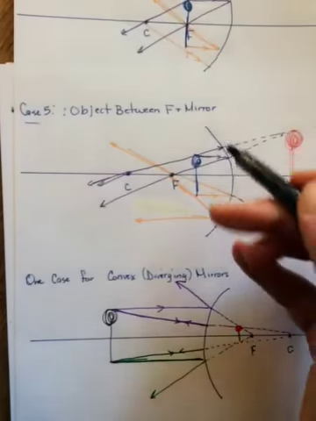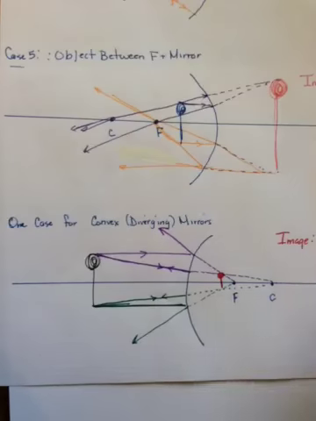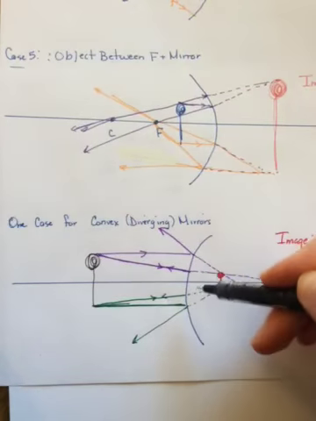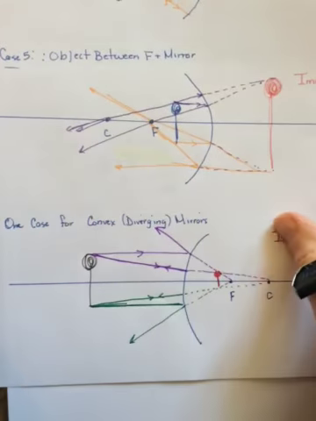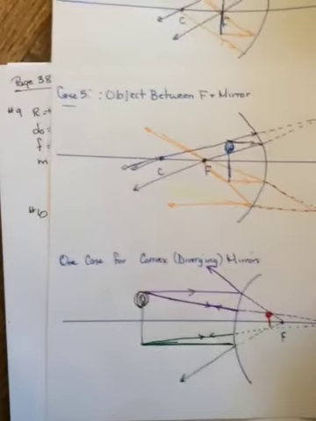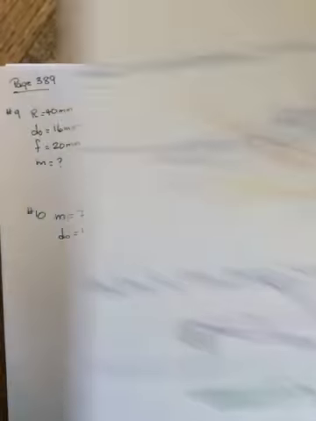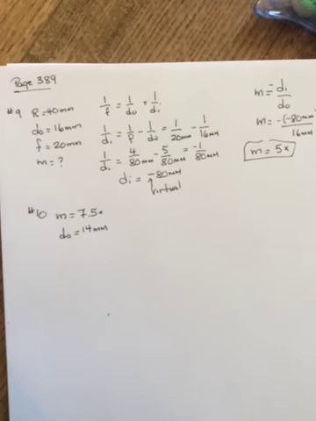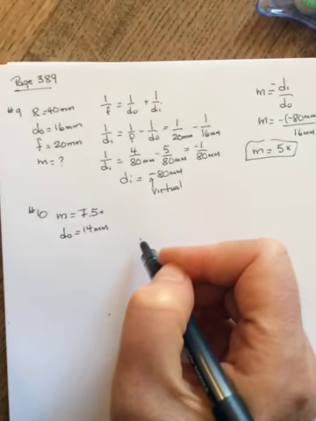One is when the object's between F and the mirror when it's a concave mirror, and the other is when it's a convex mirror. They both result in virtual images, but the one that results in bigger is the concave. A convex mirror always makes an image that's tinier. So the answer here is it needs to be a concave, converging mirror for part A.